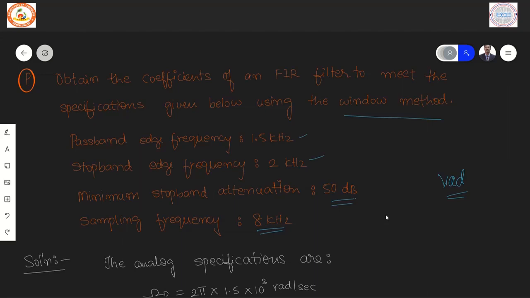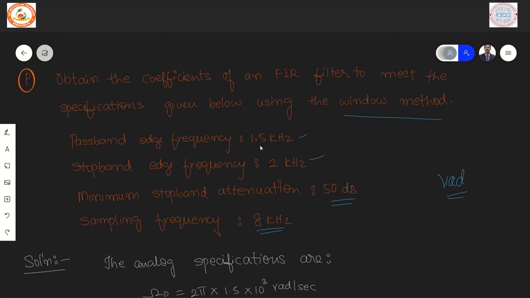In the problem here, the specifications for an FIR filter are given in detail. They specify the passband edge frequency, stopband edge frequency, the minimum stopband attenuation and sampling frequency. The question states, obtain the coefficients of an FIR filter to meet the specification given below using the window method. They do not mention which type of window we have to use.